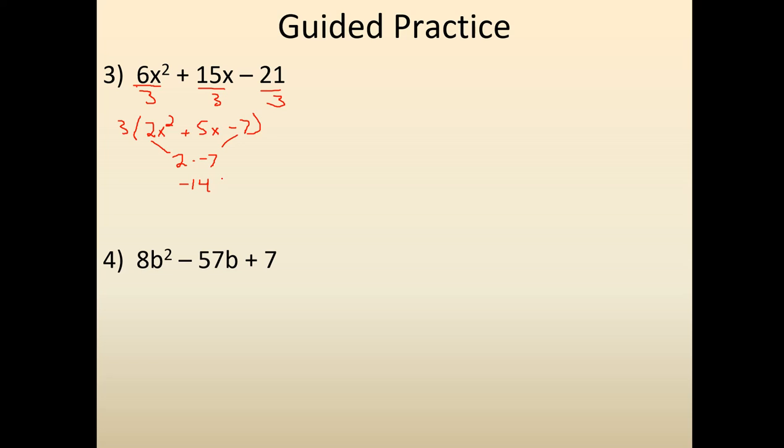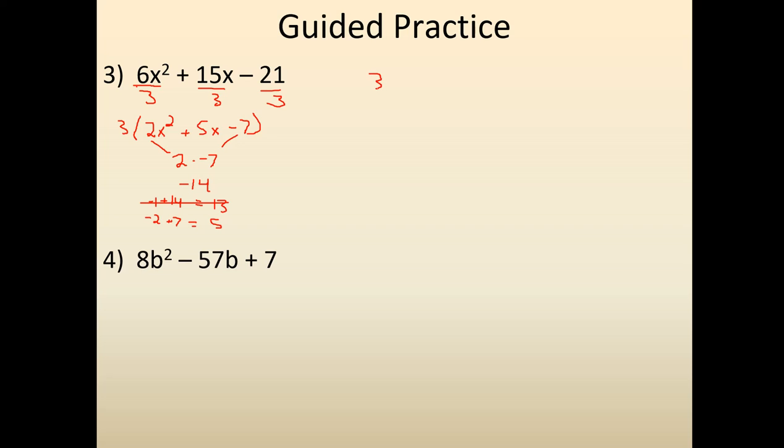So we want two numbers that multiply to negative 14 and add to positive 5. So that would be negative 1 and 14, negative 2 and 7, and that's it. So negative 1 plus 14 is 13, and negative 2 plus 7 is positive 5. So my two numbers that I'm going to replace the 5x with are negative 2 and 7.